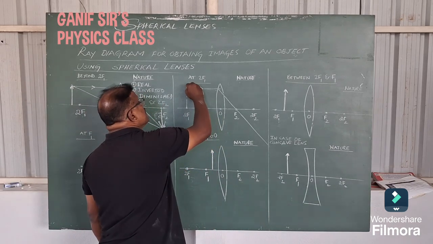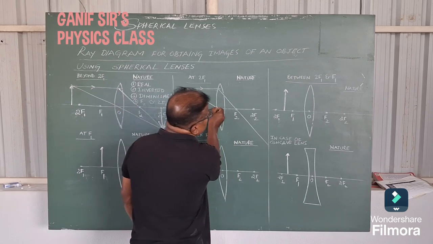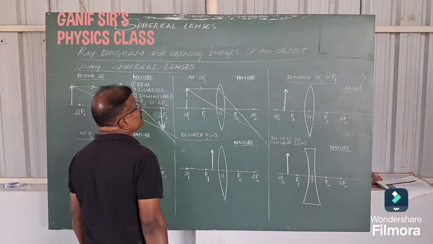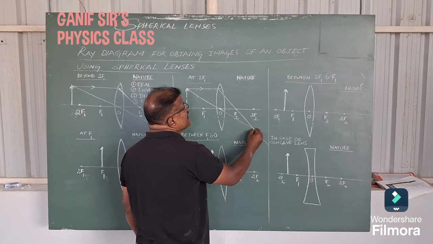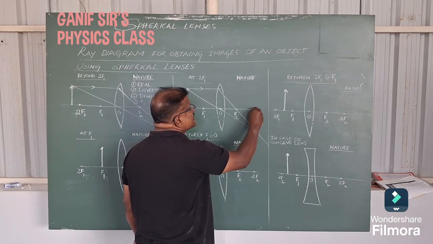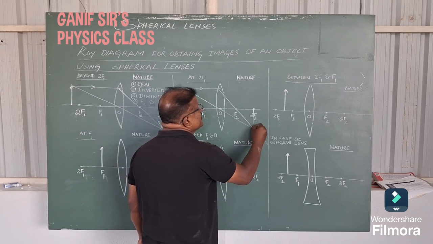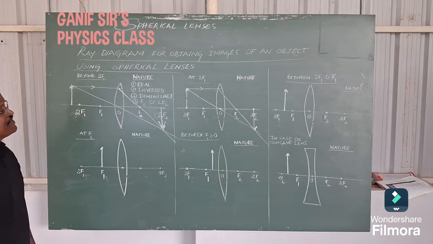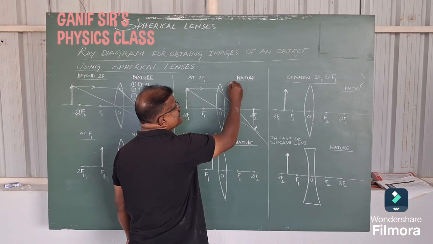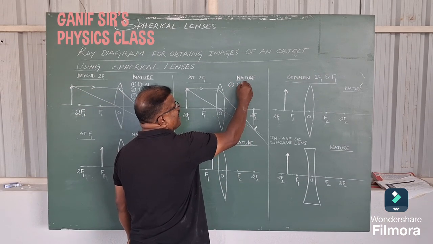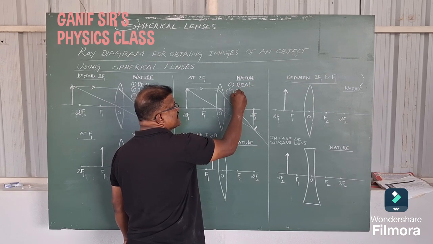And the second ray, when it is passed through the optic center, it moves undeviated and gets intersected at a point here. See the nature of the image. The nature of the image obtained is real only, and the second one is it is inverted.